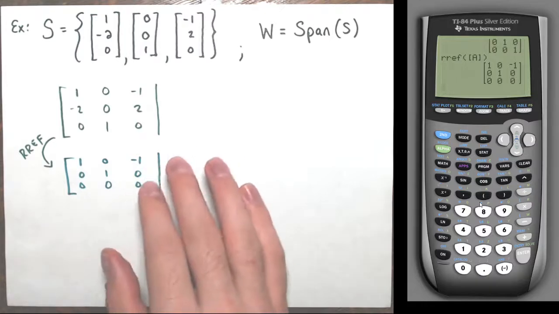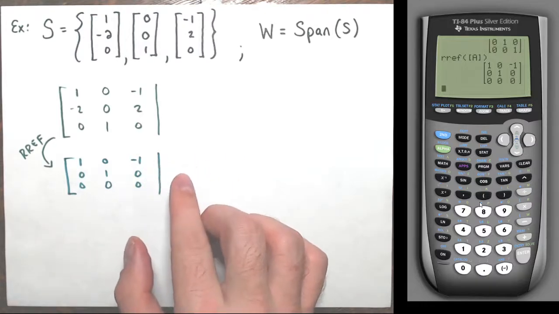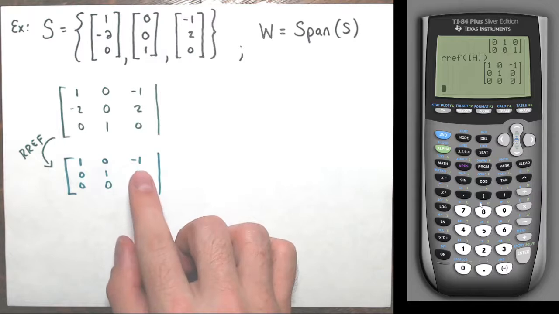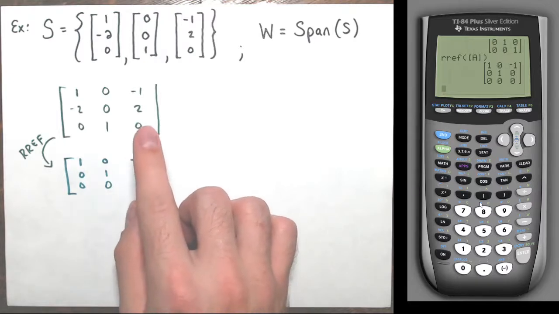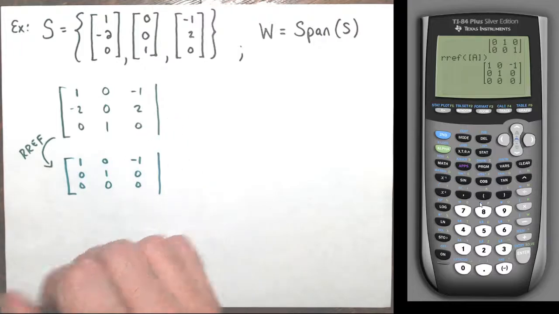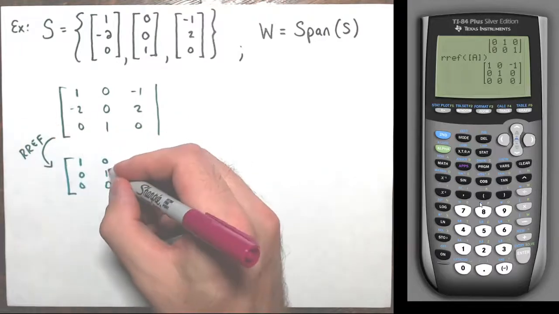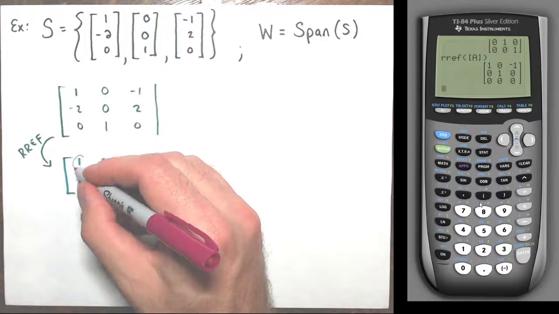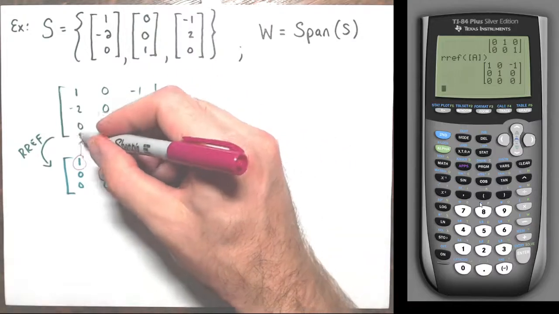So you could say, hey, look, the system's going to have infinitely many solutions because there's a free variable. And that free variable you could say also corresponds to the vector you're going to remove. The pivot columns, right? This is a pivot column, this is a pivot column. These two correspond to the vectors I'll keep.